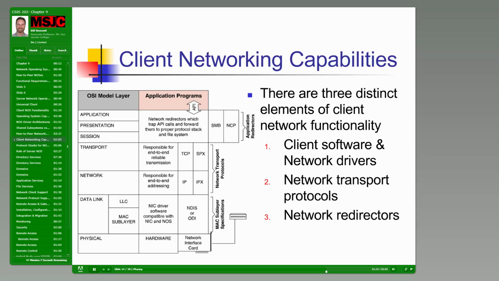In the Novell environment, they have the NCP, NetWare Core Protocol. In the Apple environment, they have the AFP, the Apple Filing Protocol. So it's just a matter of the client being able to communicate with the server for file sharing purposes mainly. And so at the session layer, they need to be running the appropriate application redirector.